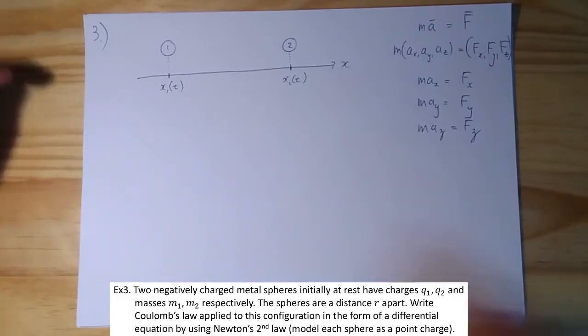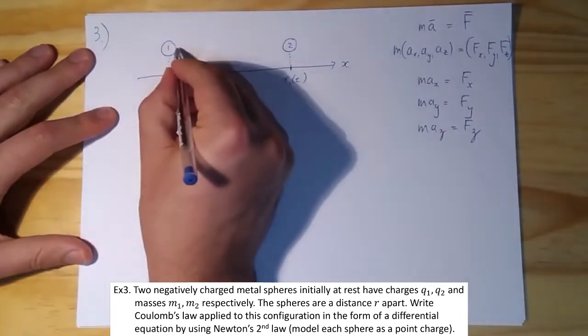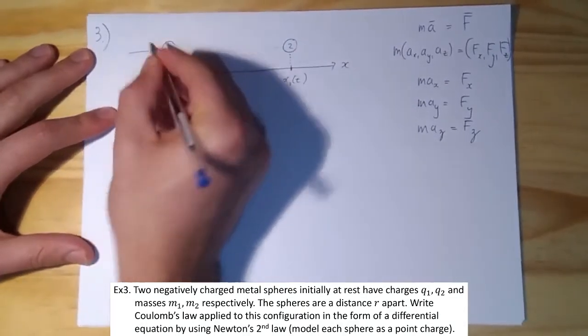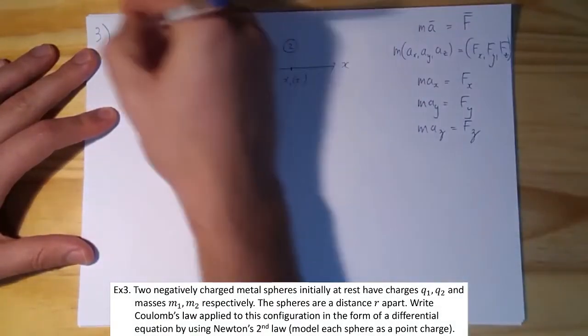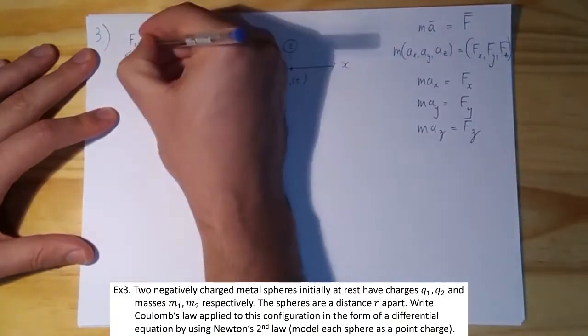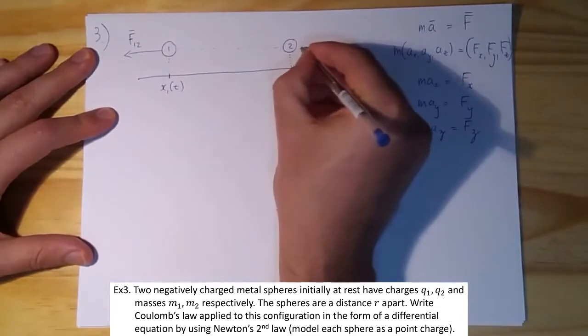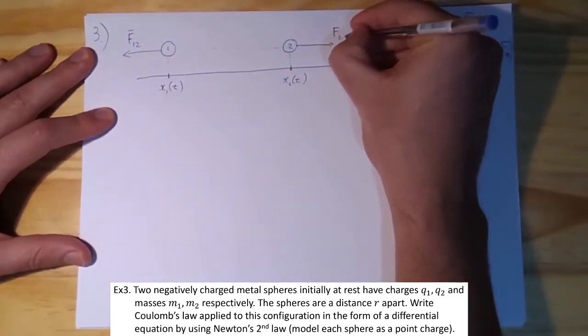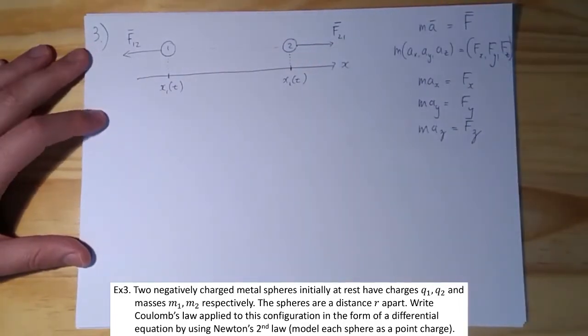All right. Okay, so what do we know? From Coulomb's law, we know that there's going to be a force on the first one due to the second in the direction directly opposite to the line connecting the two of them, and the same magnitude force in the opposite direction on the second. Good, like that.